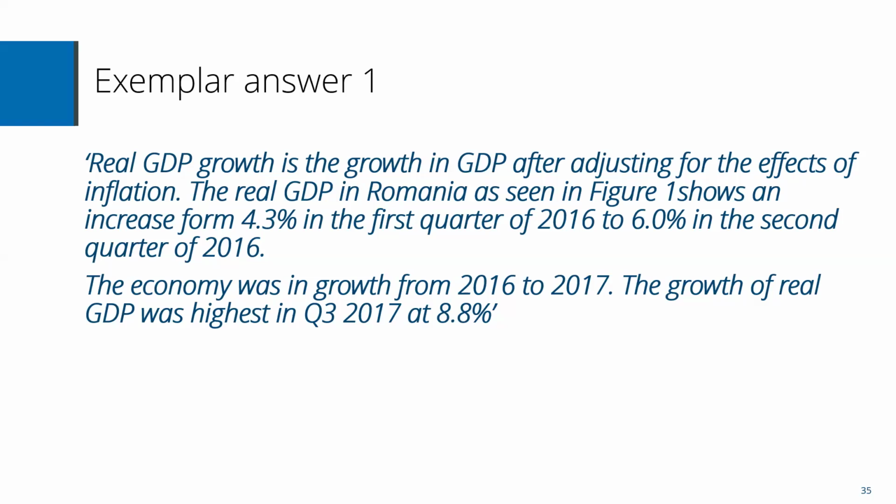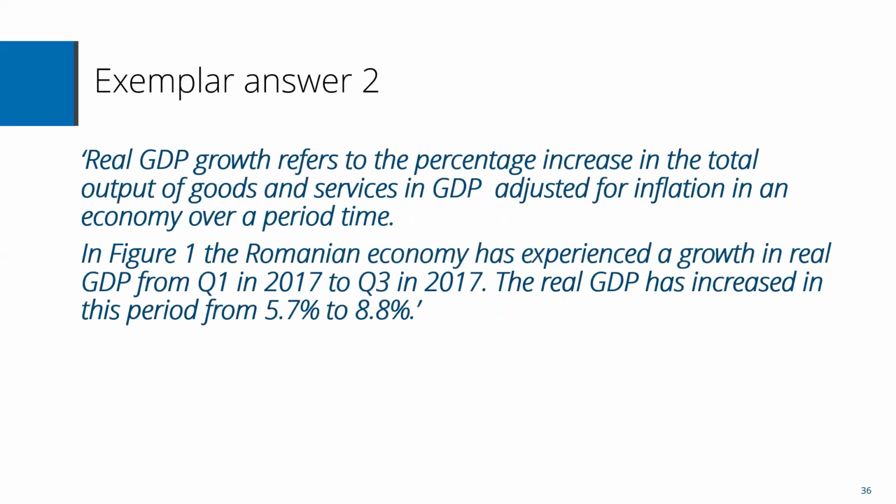The second exemplar that's in the delegate booklet, this gets all 4 marks. This is what we're looking for. It has indeed got an appropriate definition. It includes percentage increase and adjusted for inflation, whereas the previous one only had adjusted for the effects of inflation. So this time it's getting both knowledge marks instead of just 1, like response 1.